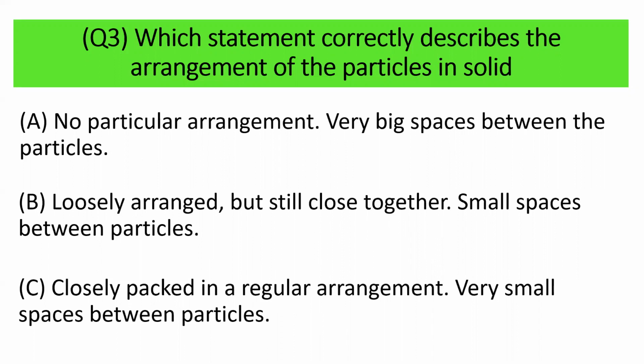Or finally C, the particles in a solid are closely packed in a regular arrangement with very small spaces between the particles? Hopefully you said C. Solids have closely packed particles in a regular arrangement with very small spaces between the particles.